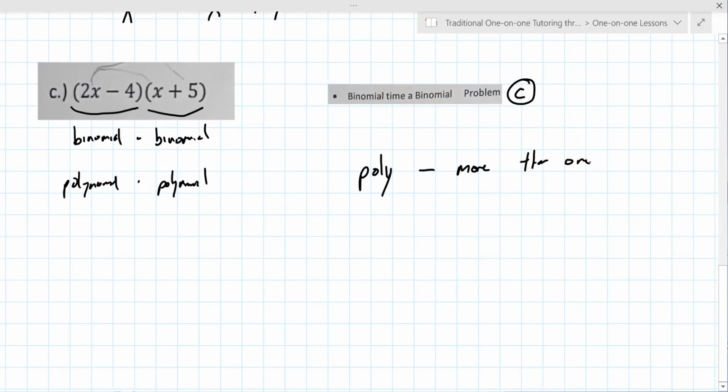It might be a good question to even just ask, and I'll type it in here. Is it okay to refer to a binomial as a polynomial? And then similarly, is it okay to refer to a trinomial?